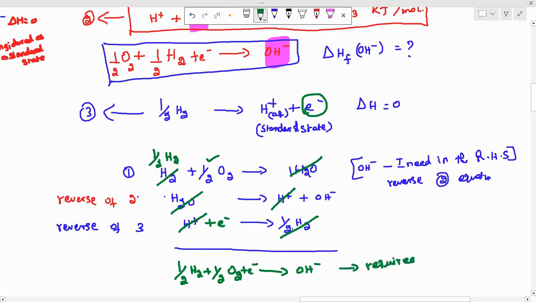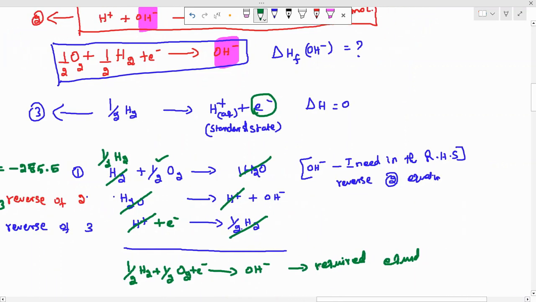To get the required equation, I have taken the first reaction as such. That's why the delta H for this one will be minus 285.8. And then the second case is the reverse one, so delta H here will be plus 57.3. Here it will be 0. So how can I write this?